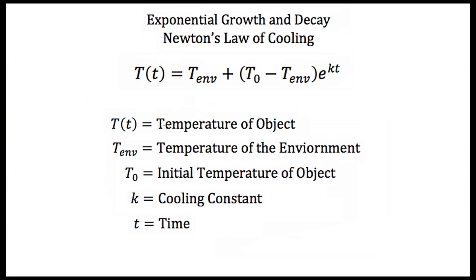So temperature at time t, that's the temperature of our object. The temperature of the environment is the outside or the area surrounding our object. T naught, or T with this 0 subscript, this is the initial temperature of our object. k is our cooling constant, how quickly or how rapidly this object will cool, and then t is time.